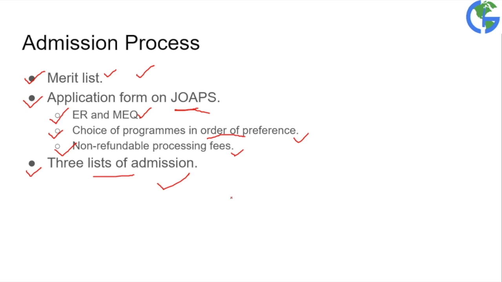Based on that, for those vacant seats, a second list will be declared, in which rank wise or merit wise the students will get the call. And finally, if the seats are still vacant even after the second list, then a final third list will be announced, in which the seats get filled, and if not, they will remain vacant, but the third list will be the final list, right? In this manner the seats will be filled and students will get admission in order of their preference, right? So this is the very simple admission process of JAM, right?